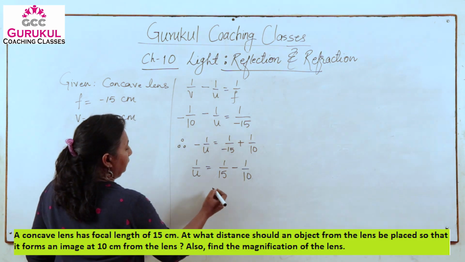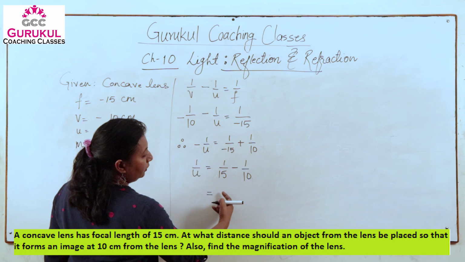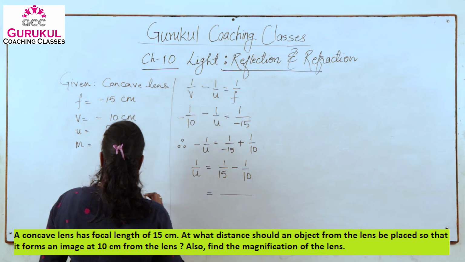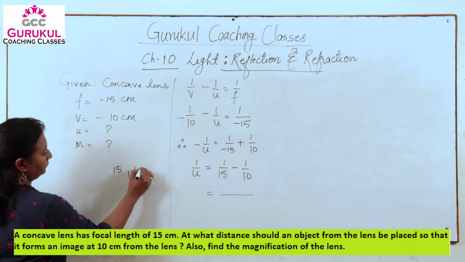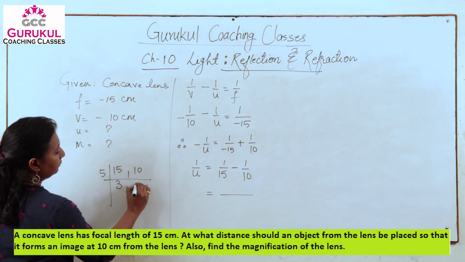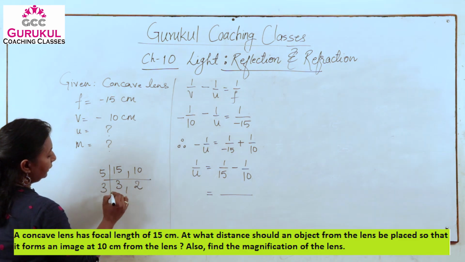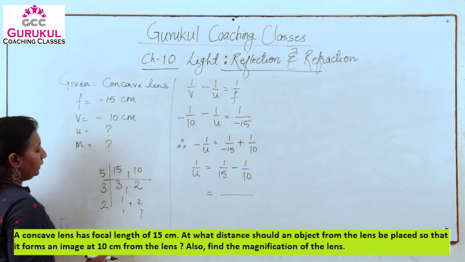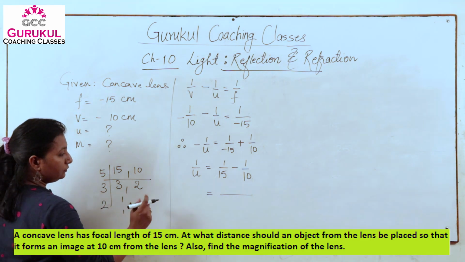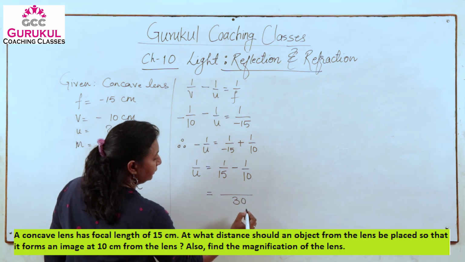Right? We will take the LCM of 15 and 10. 5 threes are 15, 5 twos are 10. So 5 twos are 10 and 10 threes are 30. So the LCM is 30.